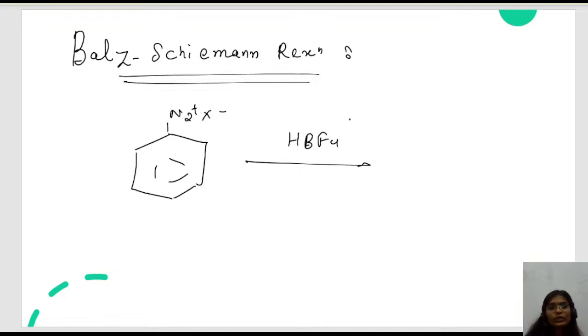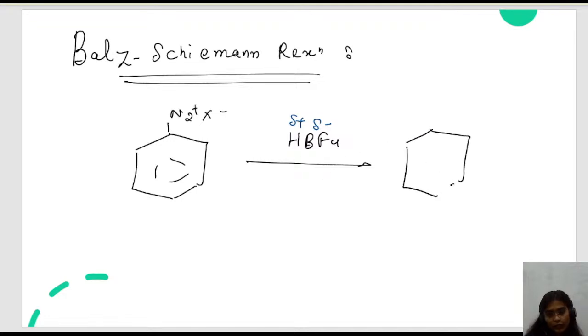I guess you already know that fluorine is an electron deficient species. If it is connected with the H part, it is partially negative and the hydrogen is partially positive. So hydrogen has a positive charge and this halogen part is the negatively charged portion here. So then what is going to happen? You know, we discussed that N2 is positively charged. So it is forming a bond with this F negative.